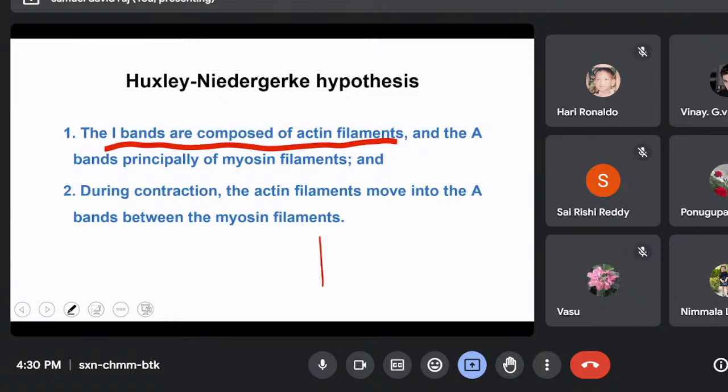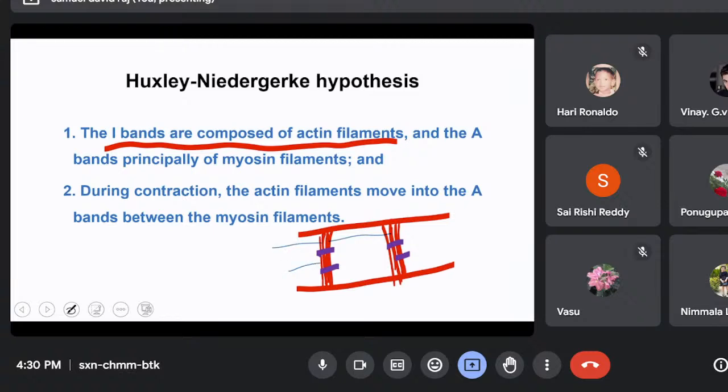We know that thick filaments are restricted to the A band, like these are the thick filaments, and thin filaments extend from the I band until the Hanson's disc. That is what we know. So up to this point they extend, not into the Hanson's disc. This is how it looks, isn't it?